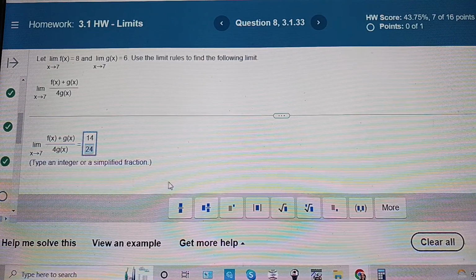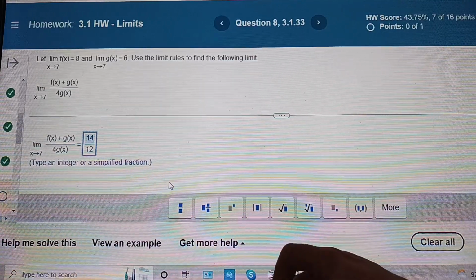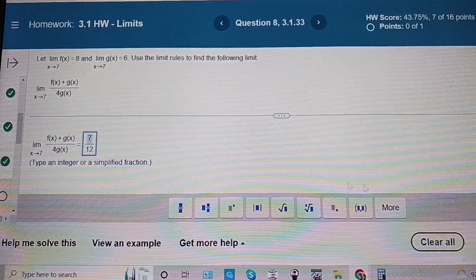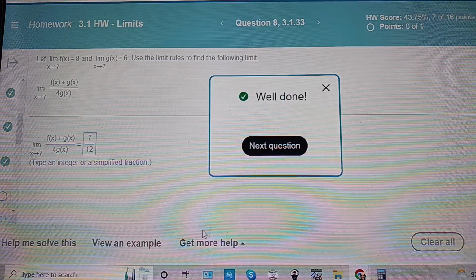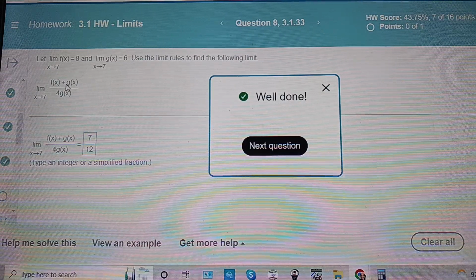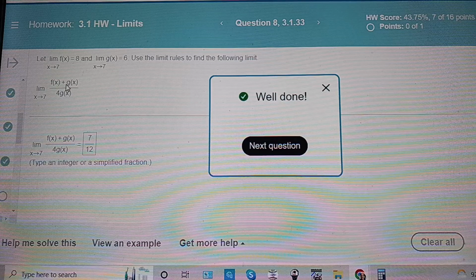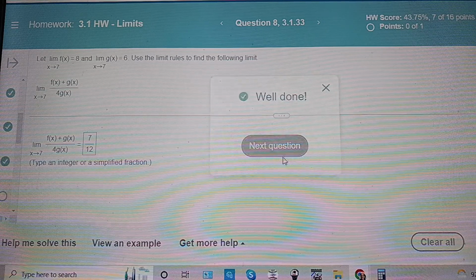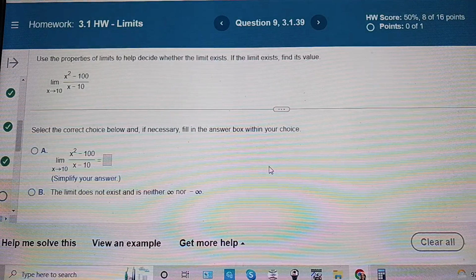And then again, simplified fraction, those divide by 2. So make that a 12 and make this a 7. So a limit of a sum is the same thing as the sum of the limits. That's what we're saying here. The order doesn't matter if you have things like that.